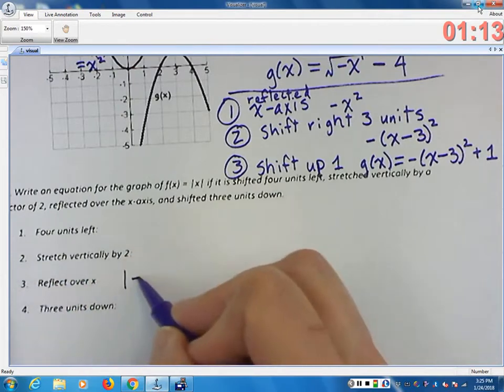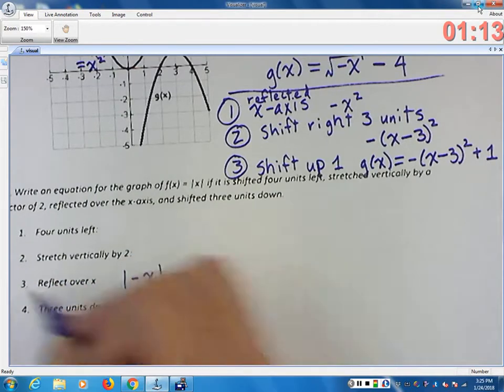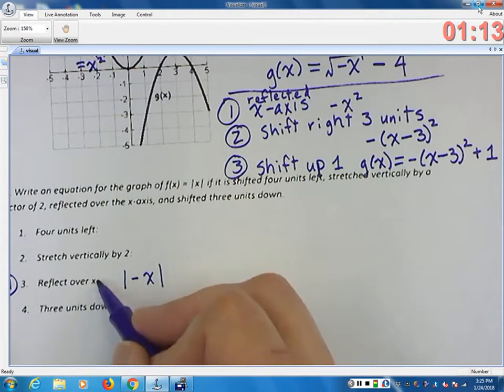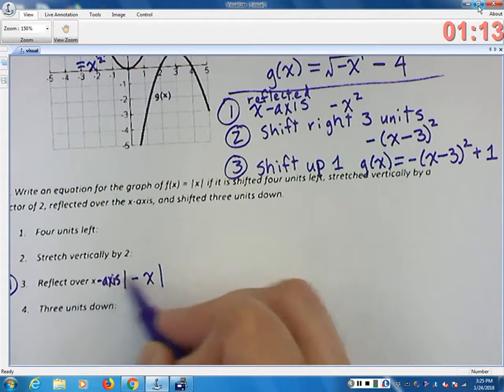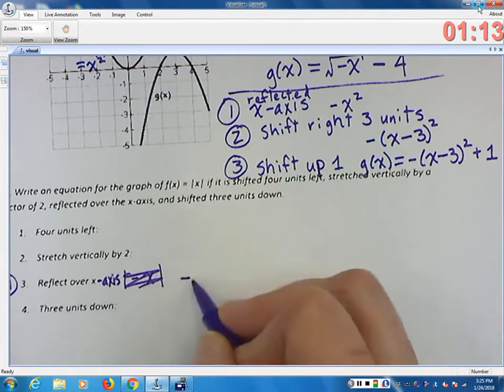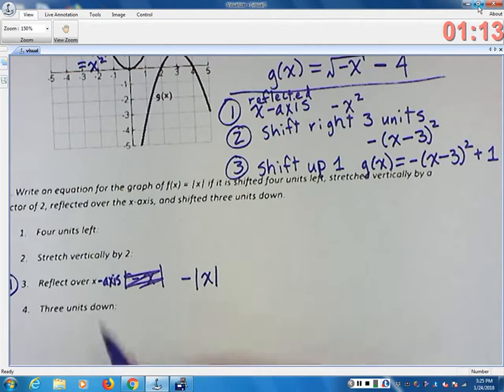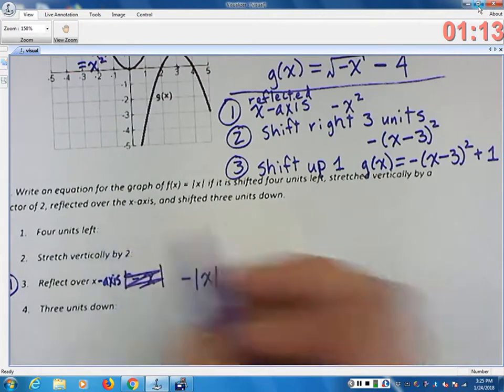So, minus absolute value of x. 4 units left.